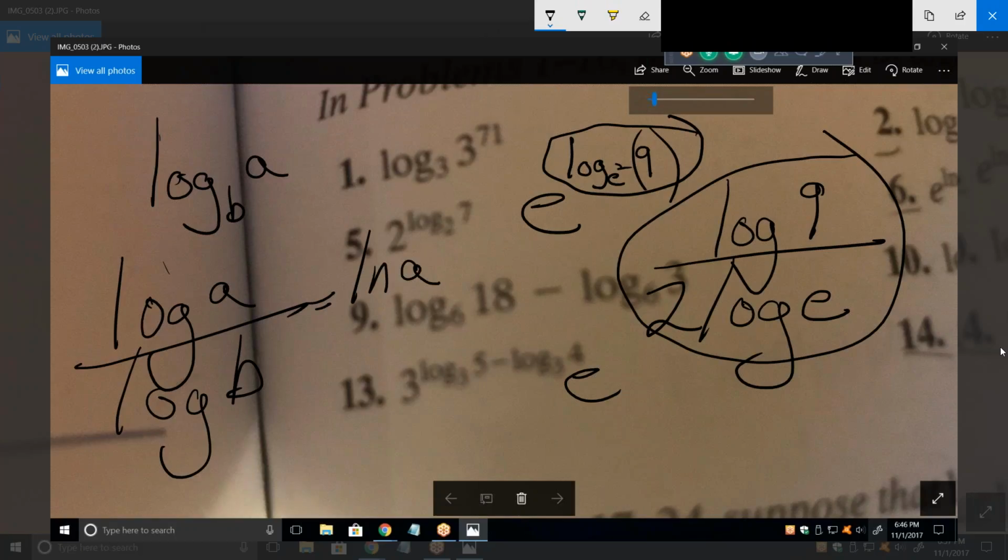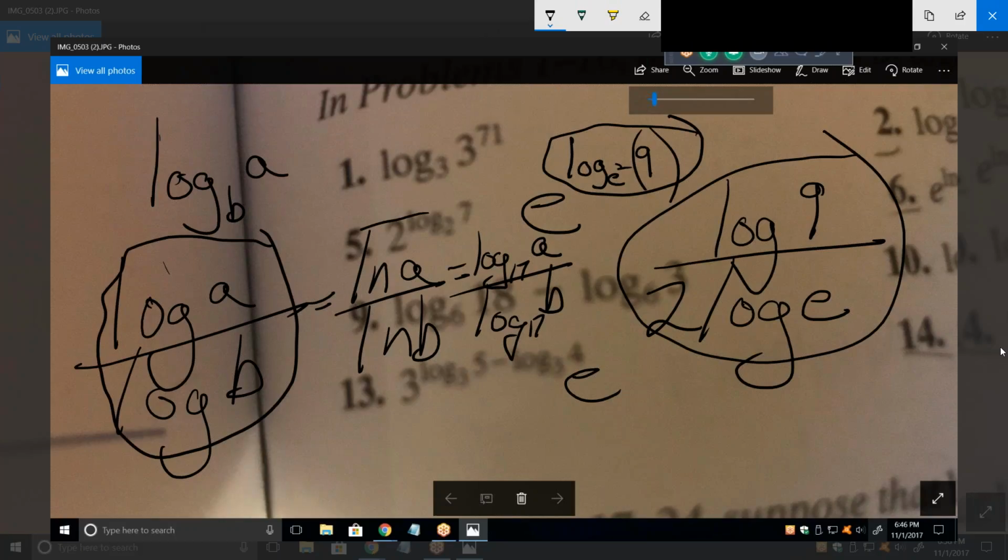It's also equal to the log base 17 of A divided by the log base 17 of B. The amazing part is all of these ratios are the same. They're exactly the same number. So when I used my change of base formula, I should have used natural logs, not common logs. So let's change it to natural log. And you're going to see that nice things happen.